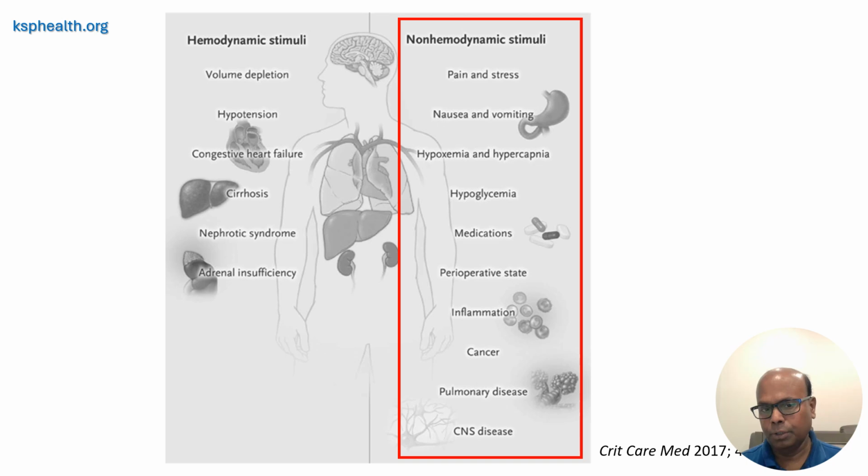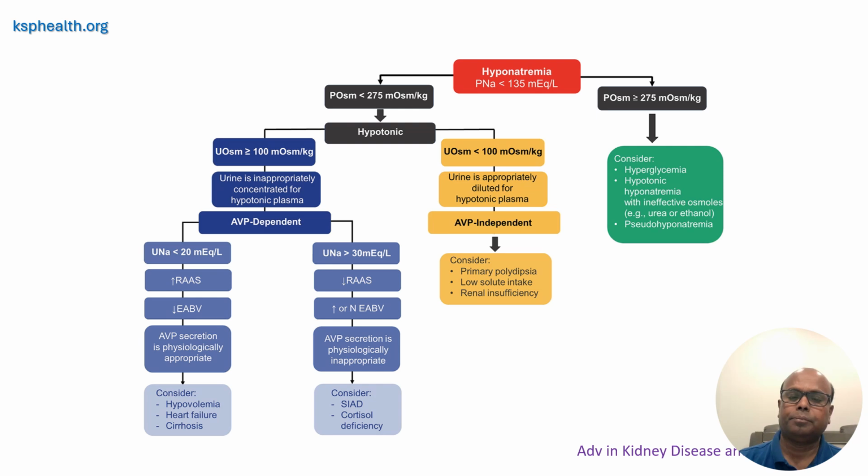This picture depicts hemodynamic stimuli and non-hemodynamic stimuli. I just put this picture to explain, not to bore you, because whenever you open the topic of hyponatremia, it is divided into hyperosmolar, pseudohyponatremia, normoosmolar and hypoosmolar hyponatremia.